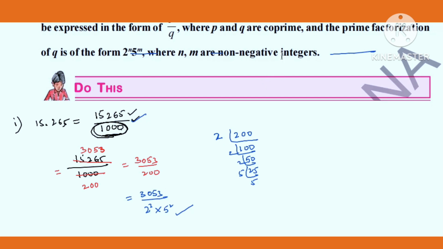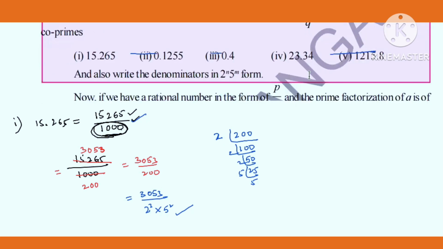You can do this in every problem and you will get the same thing. For example, let us see the second one also, and you can try the remaining. The second one is 0.1255. Now I am writing this in the form of p by q.